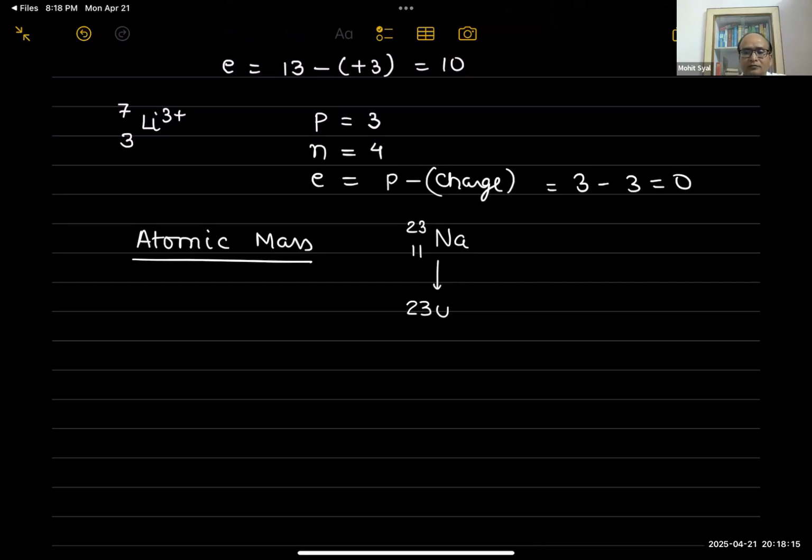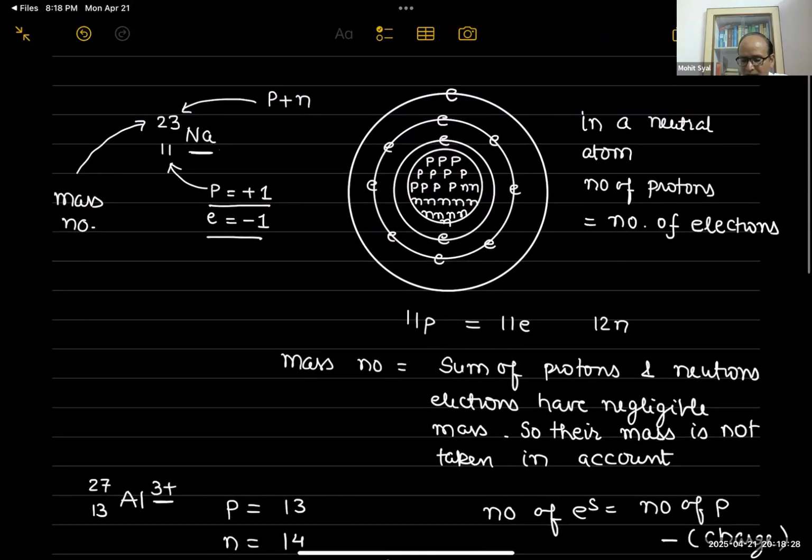Is it clear or not? Let's get back to the picture. You have protons and neutrons. The mass of the proton is approximately equal to 1.